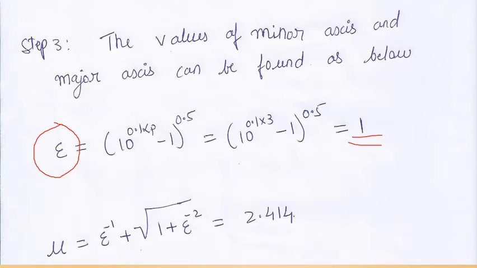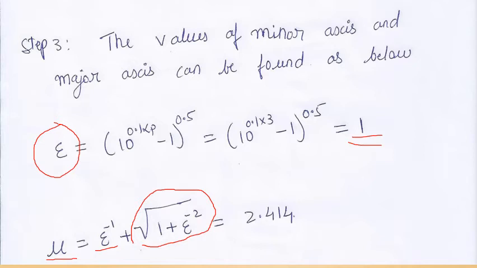Once we have the value of epsilon, next we need to find another variable mu, which is defined as epsilon raised to minus 1 plus the square root of 1 plus epsilon raised to minus 2.